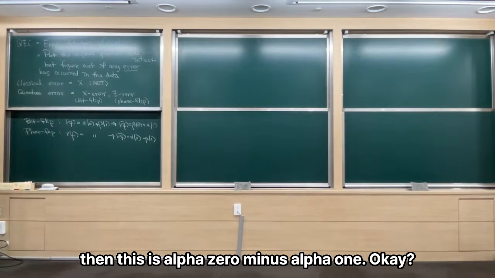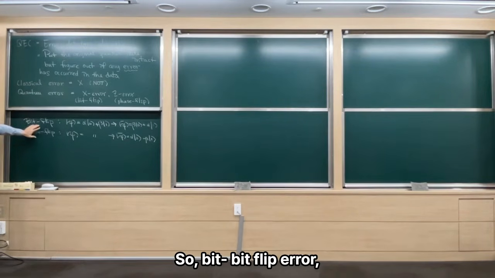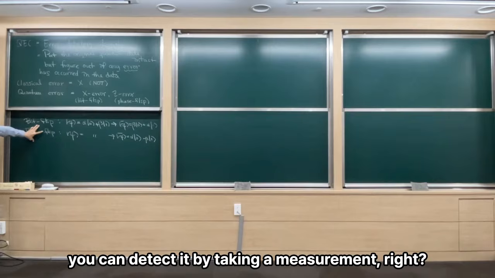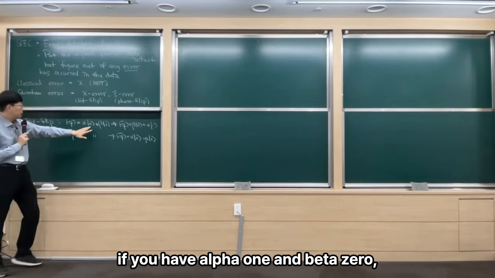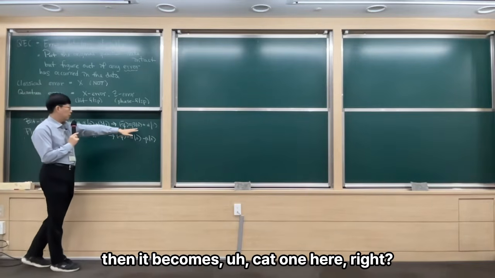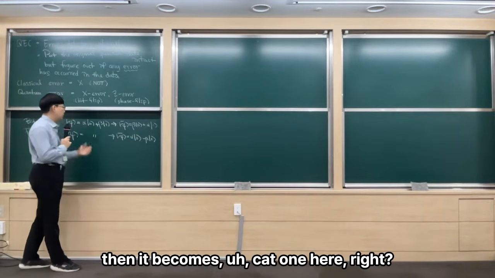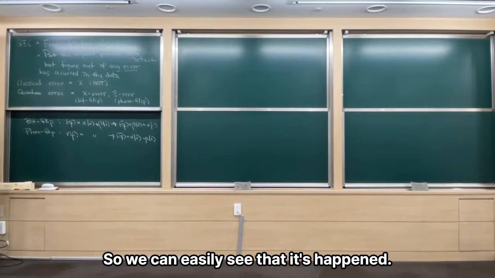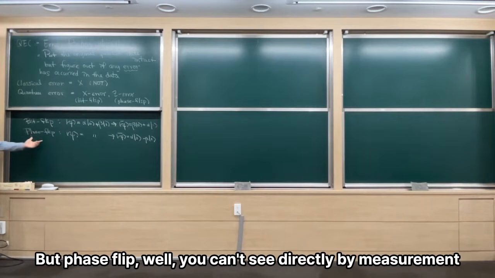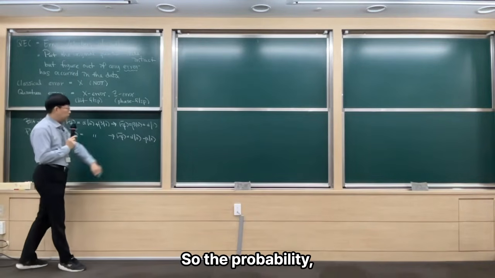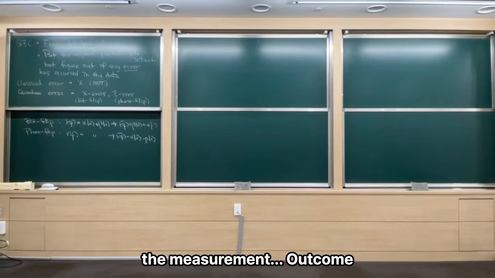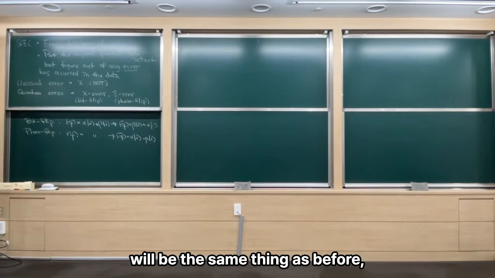So a bit flip error you can detect by taking a measurement, right? Because if you have alpha 1 and beta 0, then it becomes ket 1 here, so we can easily see that it's happened. But a phase flip you can't see directly by measurement, because it only changes the sign. So the measurement outcome probability will be the same as before.